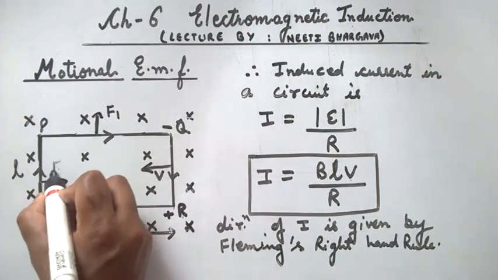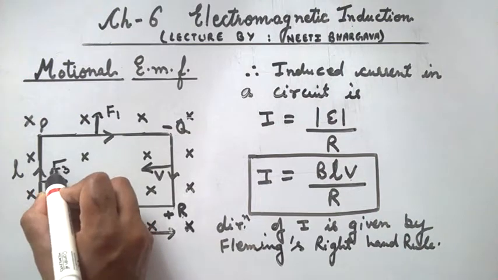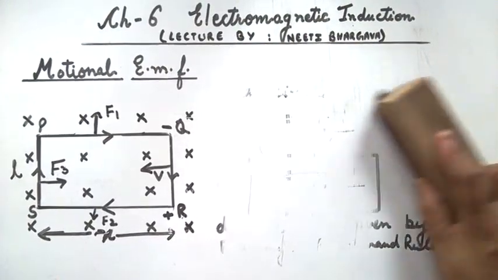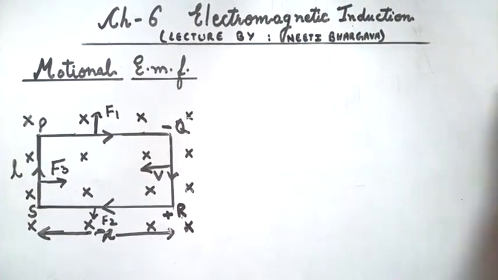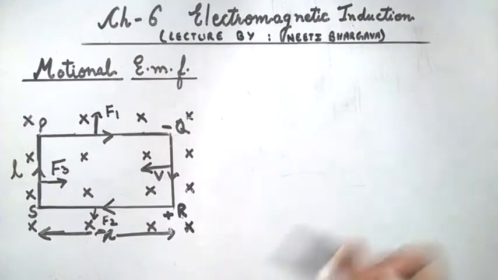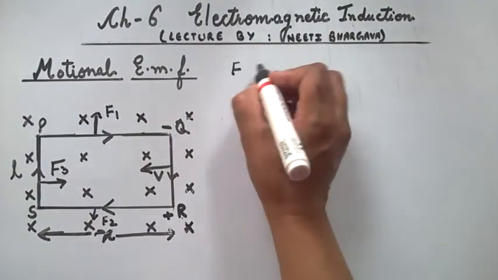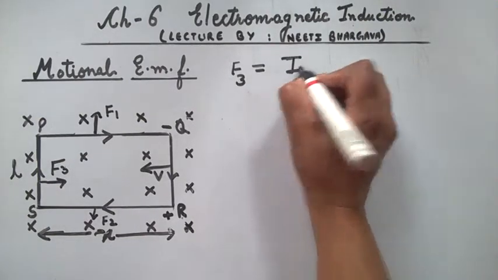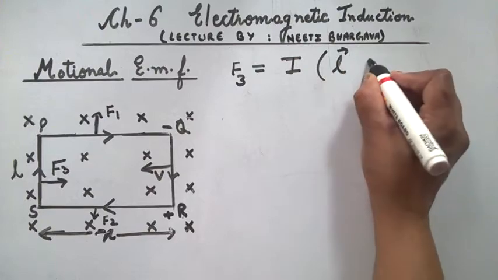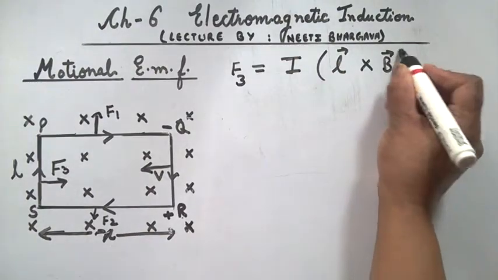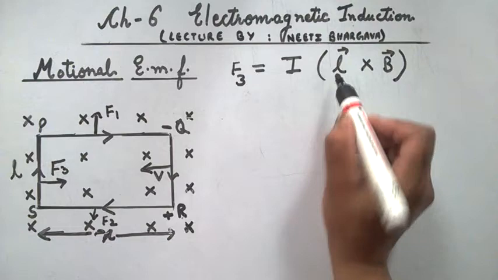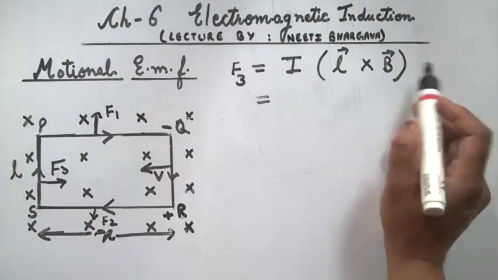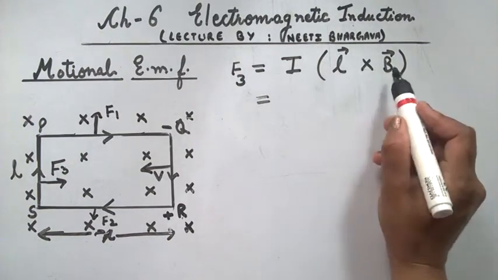Let it be F3, and this force is given by Ampere's law, which we have already studied, and its value is F3 equal to I L vector cross B vector. Now, as we know, it's a cross product, so the angle is sine theta between L vector and B vector.